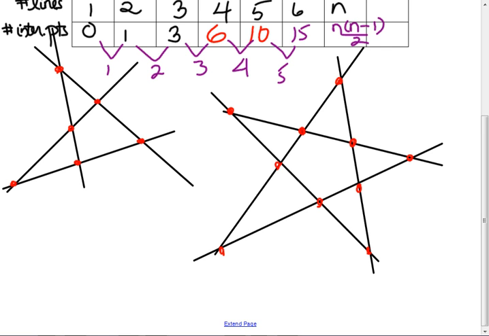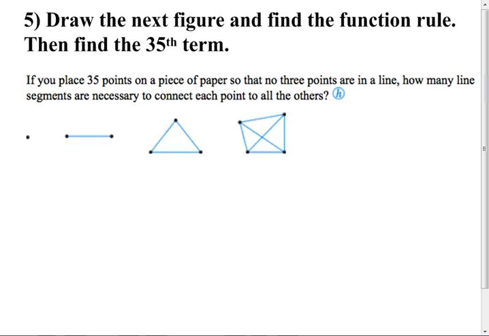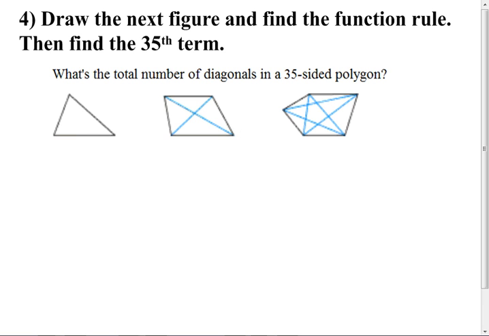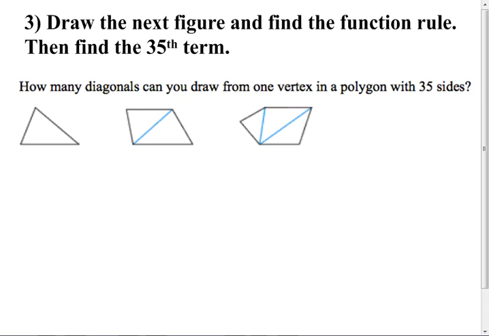Plus, read the question. Some of these look kind of similar. This is how many diagonals on number 4. This is from one vertex, how many diagonals can you draw? So if you do this problem first, from one vertex, I have 3 vertices and I have no diagonals. I have 4 vertices. From this vertex, how many can I draw? 1.